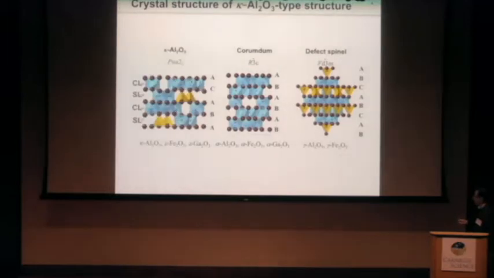And also I will show you the copper alumina type structure. This material is a mixture of the two materials, and the oxygen close-packed layer sequence becomes ACAB. In this structure, you can recognize the corundum layer and the spinel layer alternately stacking along the C direction.